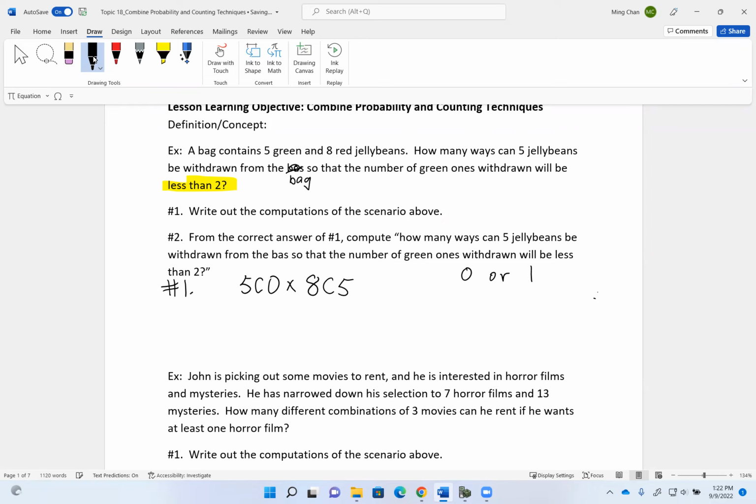Using combination, because the order does not matter which one I draw first or second, as long as I draw 5 of them. So this 5 choosing 0 is the green ones, followed by 8 choosing 5 for the red ones. This gives me how many ways to draw 0 green ones.